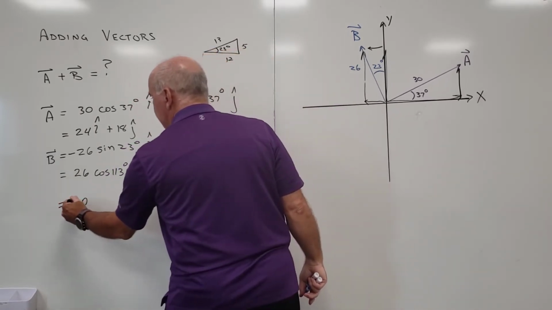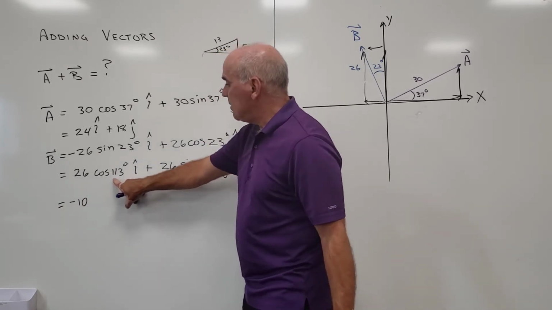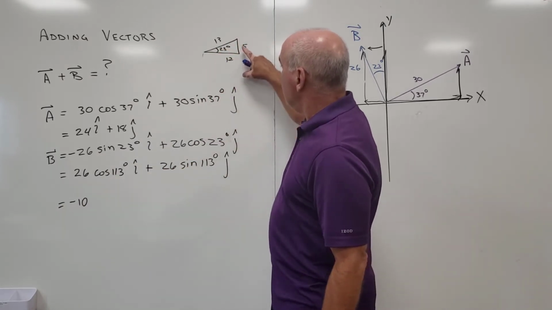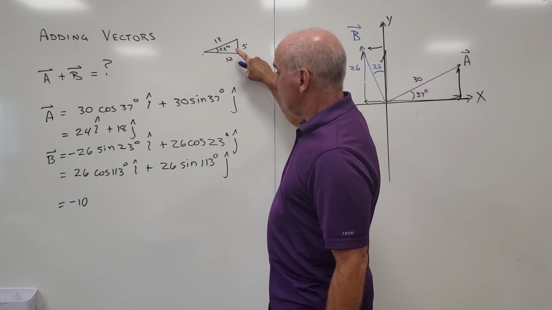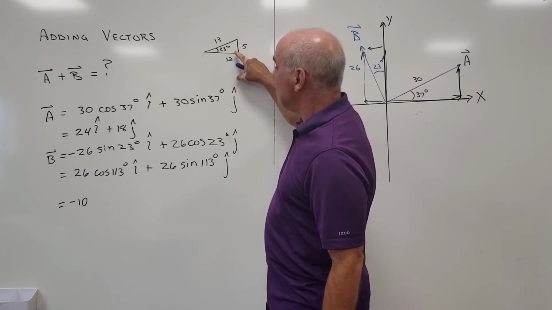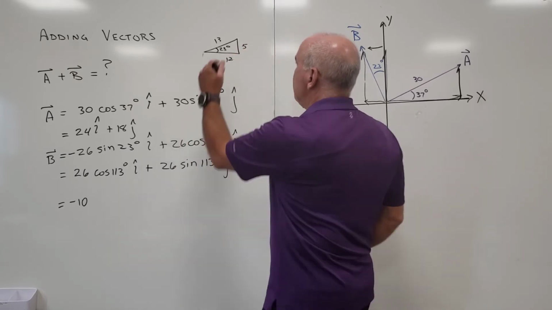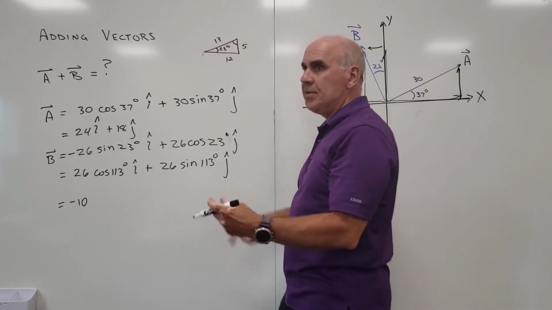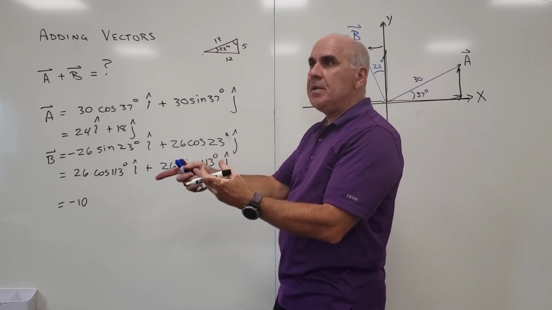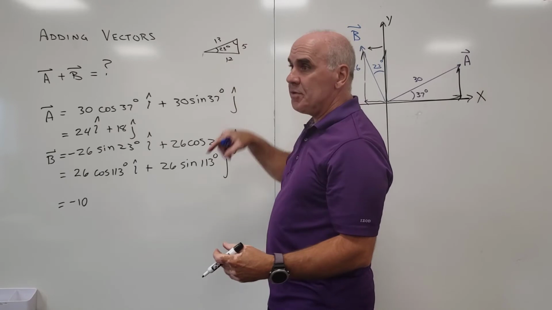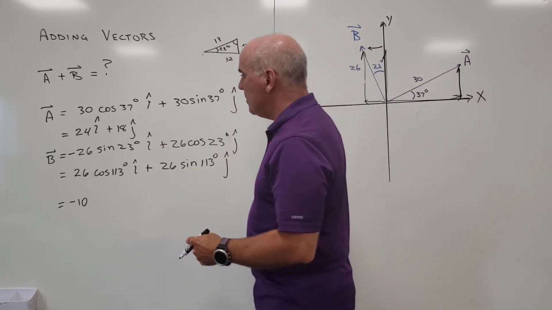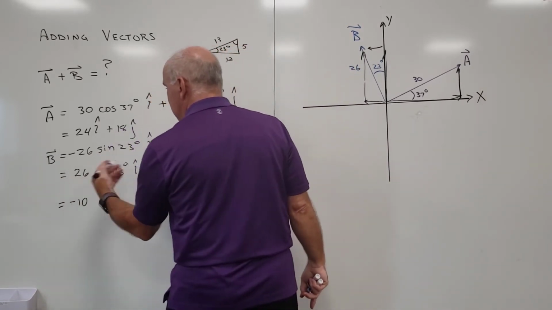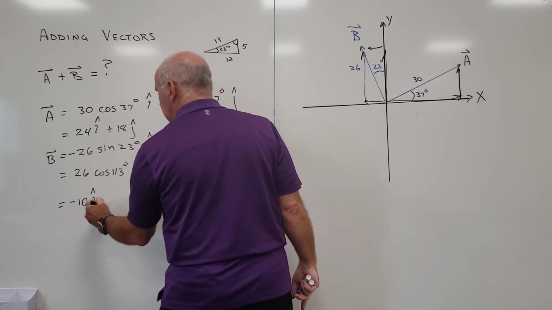And that's negative. The cosine of 113, let's see, that's actually going to use this angle's complement, right? And then that's going to still be 5 over 13, but it's going to be negative. So in either scenario, you're going to get negative 10 here.